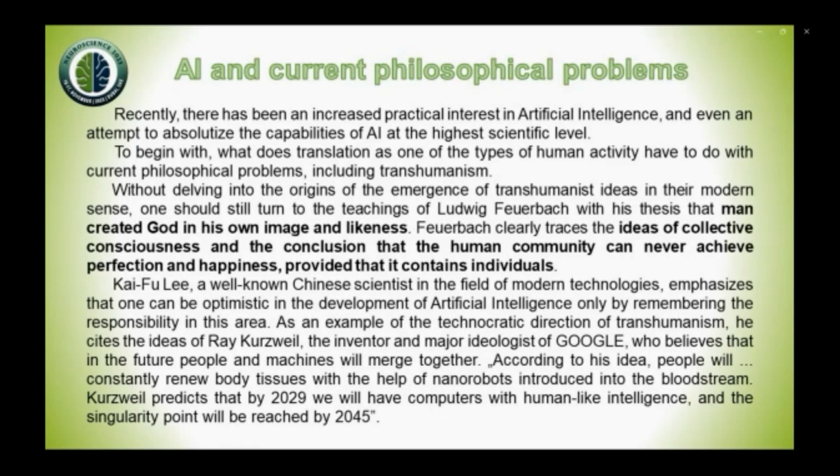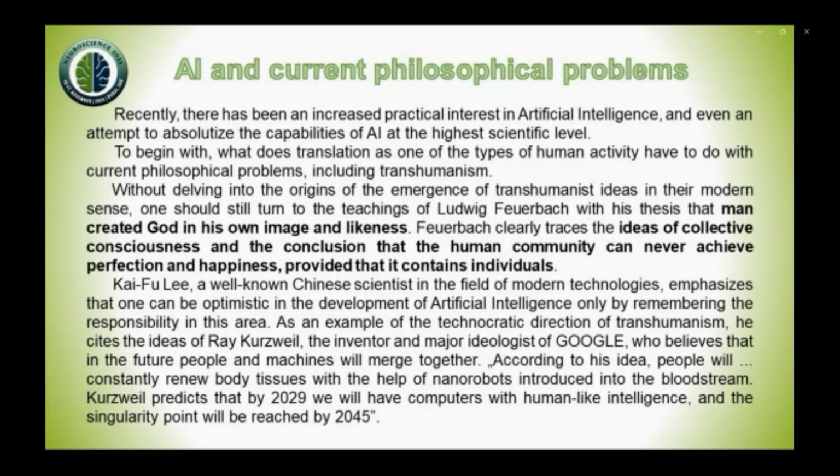As an example of the technocratic direction of transhumanism, he cites the ideas of Ray Kurzweil, the inventor and major ideologist of Google, who believes that in the future people and machines will merge together. According to his idea, people will constantly renew body tissues with the help of nanorobots introduced into the bloodstream.